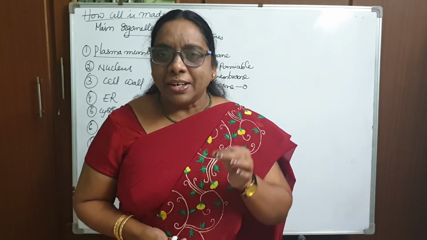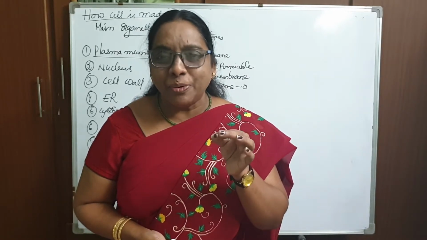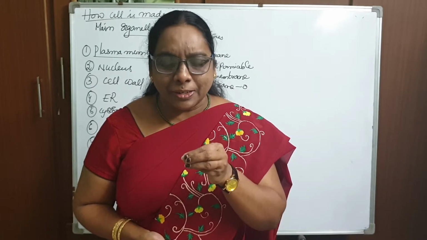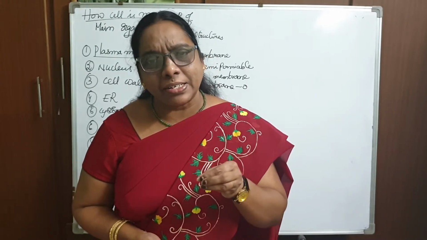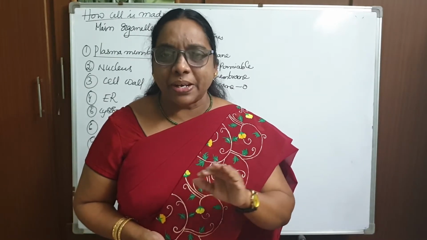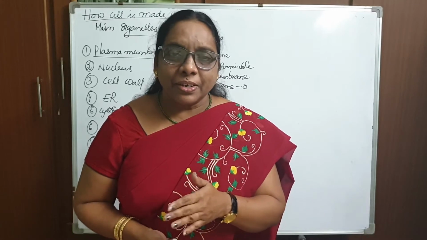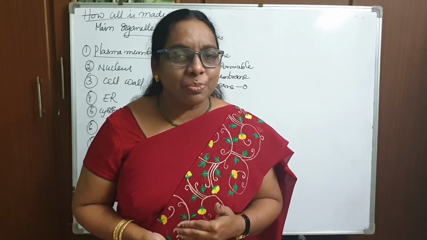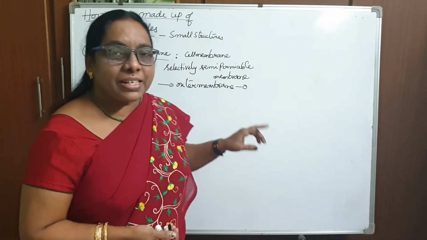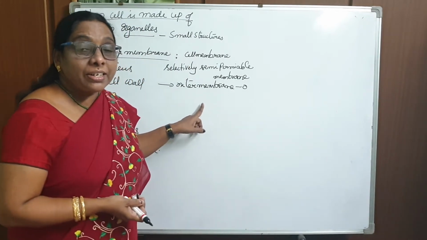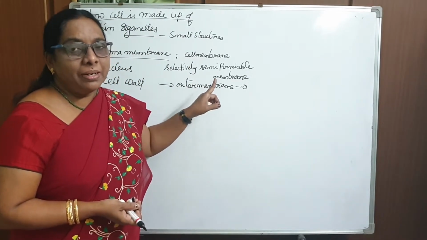See how beautiful it is. Very sensitively it separates things. It allows only the water particles to move through it. That is the reason the name selectively semi-permeable membrane has been given.